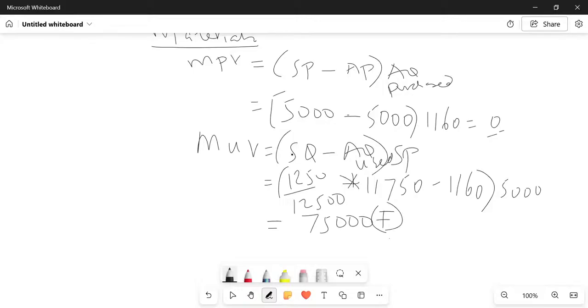Bonita is asking, why are we dividing the cost by 12,500? Maybe, Bonita, you missed out on a very important concept. Remember, they never gave us a material cost per unit. They gave us the material cost for producing 12,500.